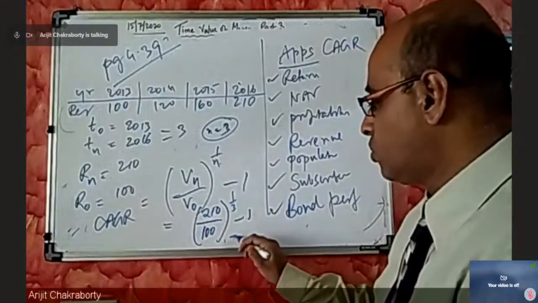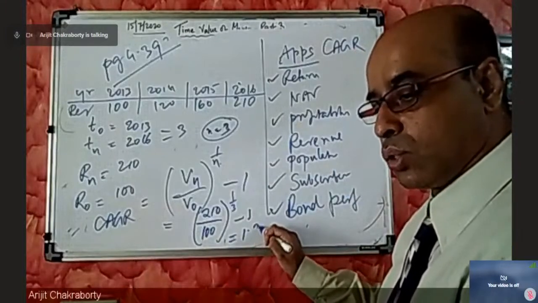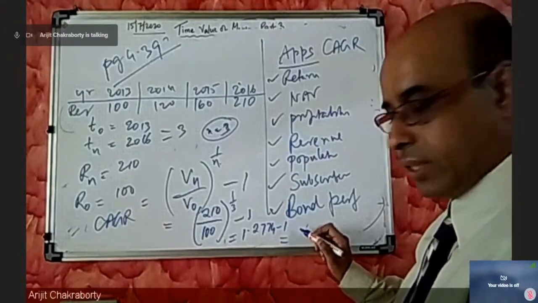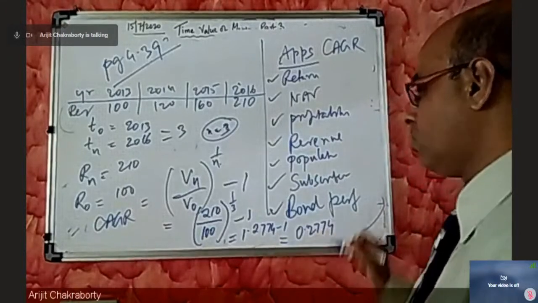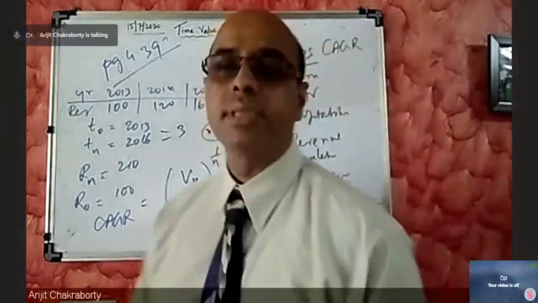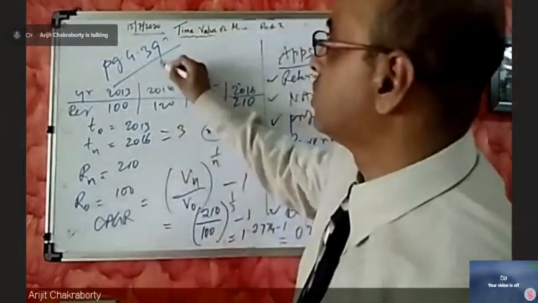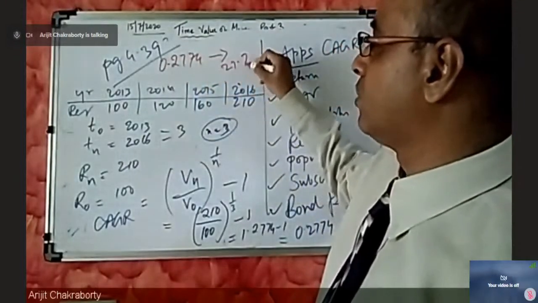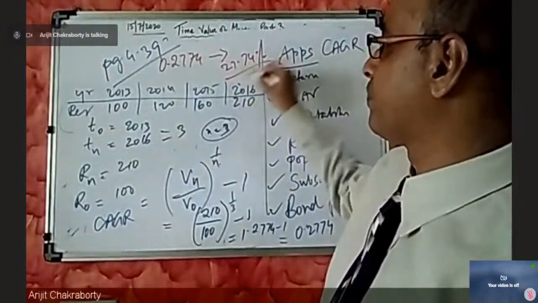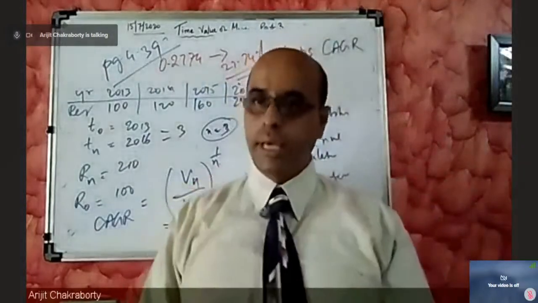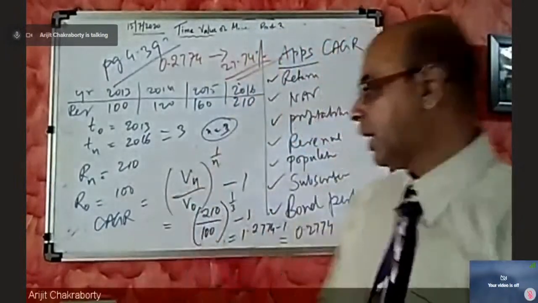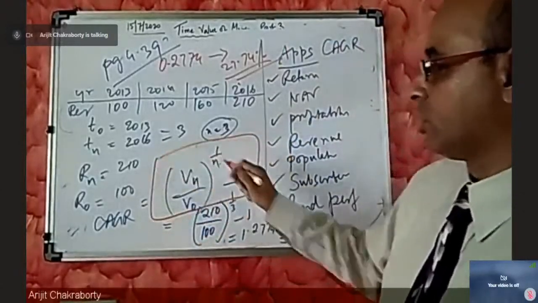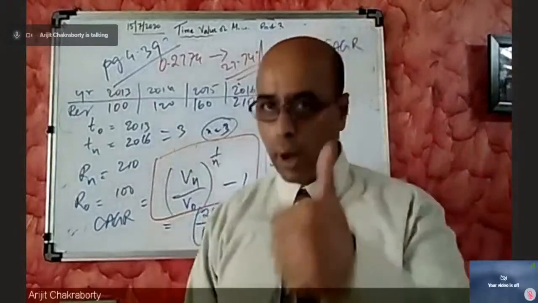It comes to 1.2774 minus 1, that is 0.2774, which means 27.74%. So this is the CAGR in this example, and the formula, please remember, is Vn by V0 to the power 1 by n minus 1.